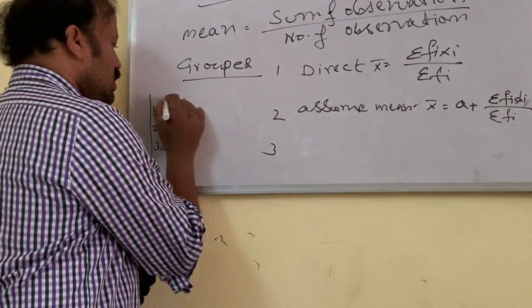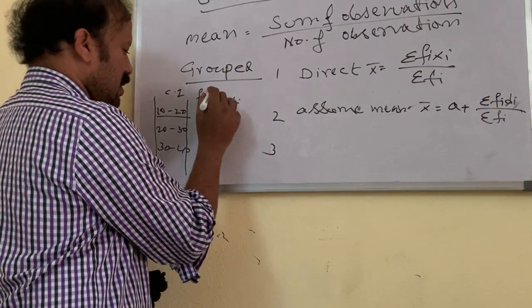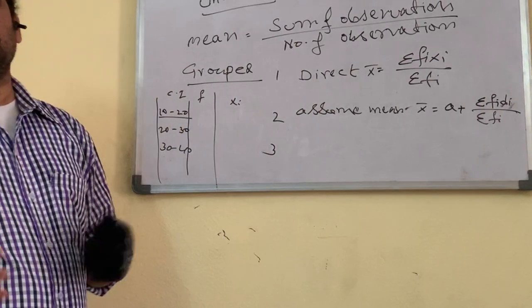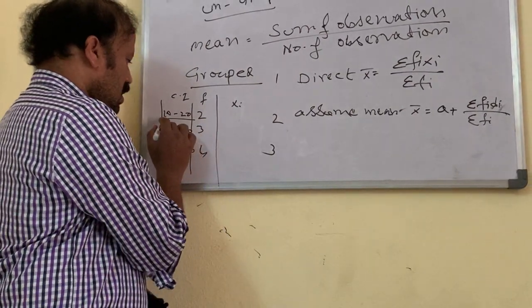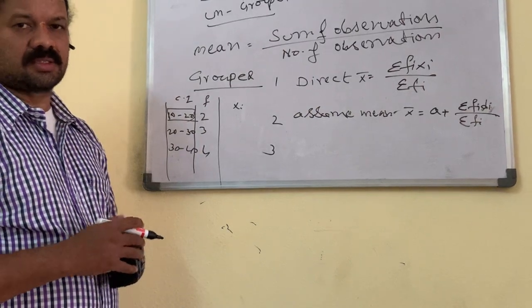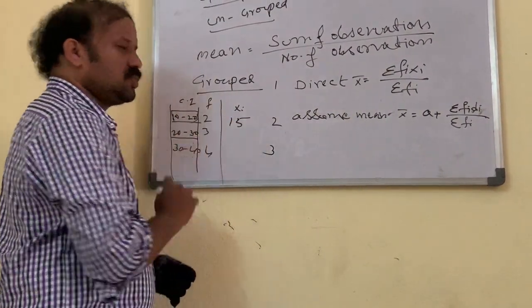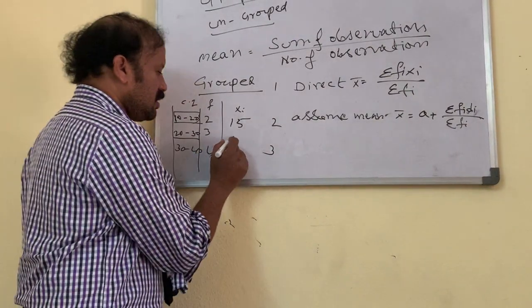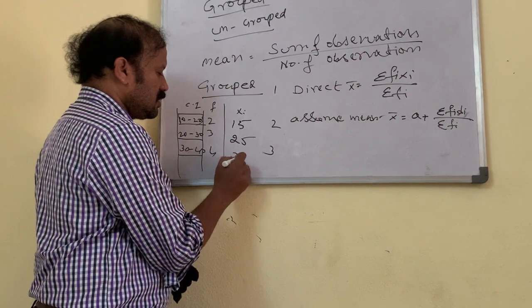This is called Ci, this is F. To find the xi value, for some frequencies, whatever it may be, 2, 3, 4, add 10 and 20, divide by 2: 30 by 2 is 15. Add 20 and 30, 50 by 2 is 25. 30 plus 40, 70 by 2 is 35.